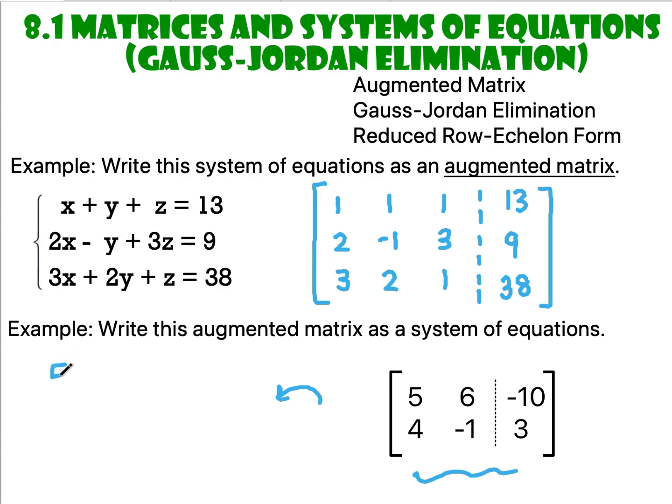So that must mean that's a 5x and a 6y, which should equal -10. And a 4x minus y equals 3. So we could solve that by graphing, substitution, elimination, and now we'll learn another way today how we can make our calculator do it in matrix form.